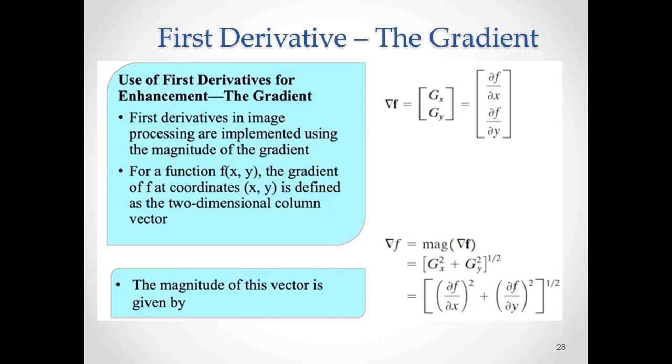To highlight the fundamental similarities and differences between first and second order derivative, let us consider an example. Here, figure A shows a simple image. Figure B is the one dimensional horizontal gray level profile along the center of the image. So, in the center of the image, if we take a horizontal line, on this horizontal line we will have different pixel values. This profile specifies these pixel values, which is a one dimensional horizontal profile.